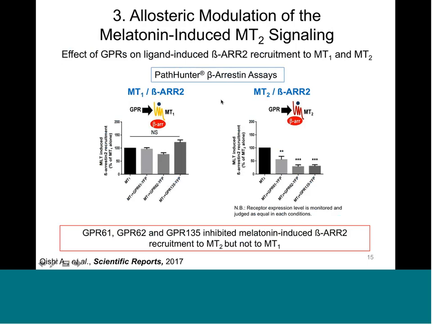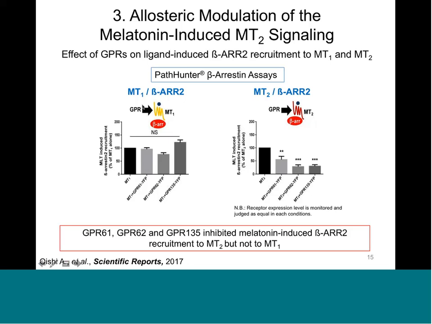Here, we showed the effect of GPRs on ligand-induced beta-arrestin 2 recruitment to MT1 and MT2. Because GPR50, another classical member of melatonin receptor subfamily, is known as a negative regulator of melatonin receptor type 1, MT1 signaling, we examined whether these 3 GPRs could affect melatonin signaling through MT1 or MT2.